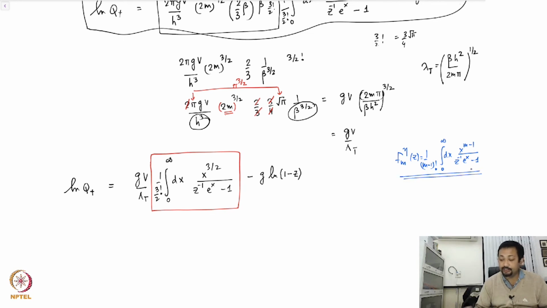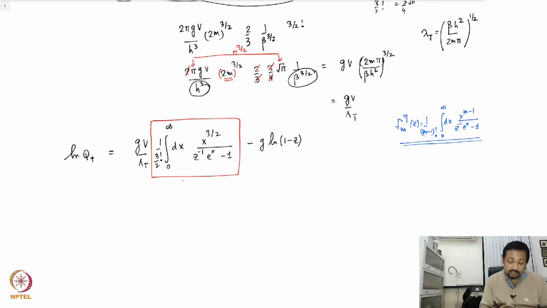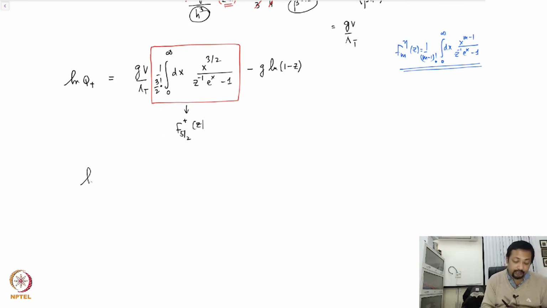This was how we had defined the function, and therefore this is f of 5/2 plus z. So your grand canonical function takes the form gV over lambda t f 5/2 plus z minus g ln of 1 minus z.